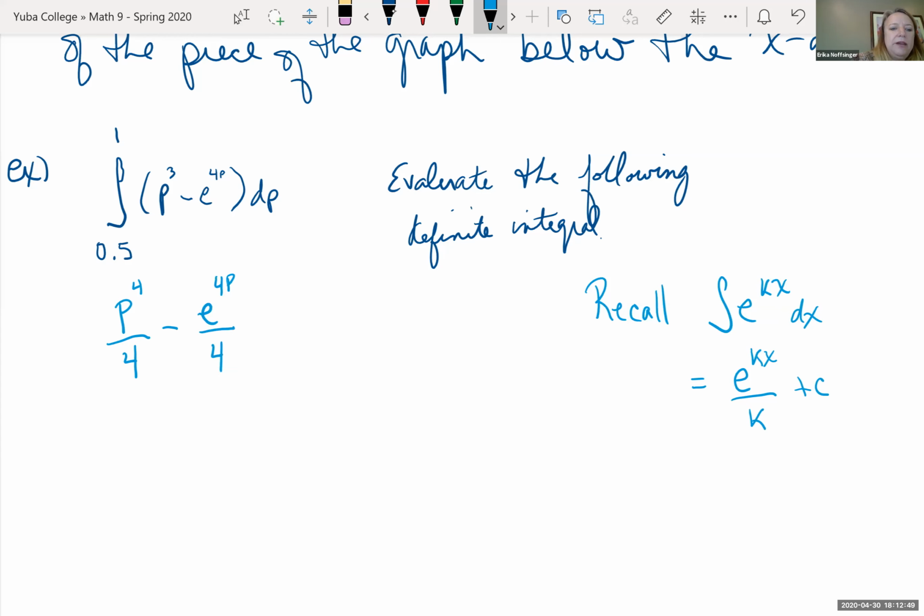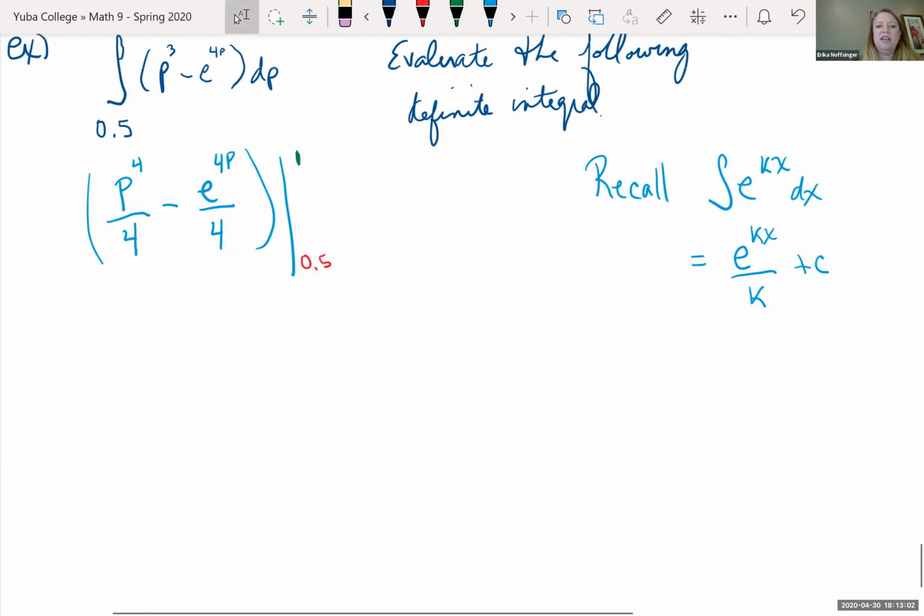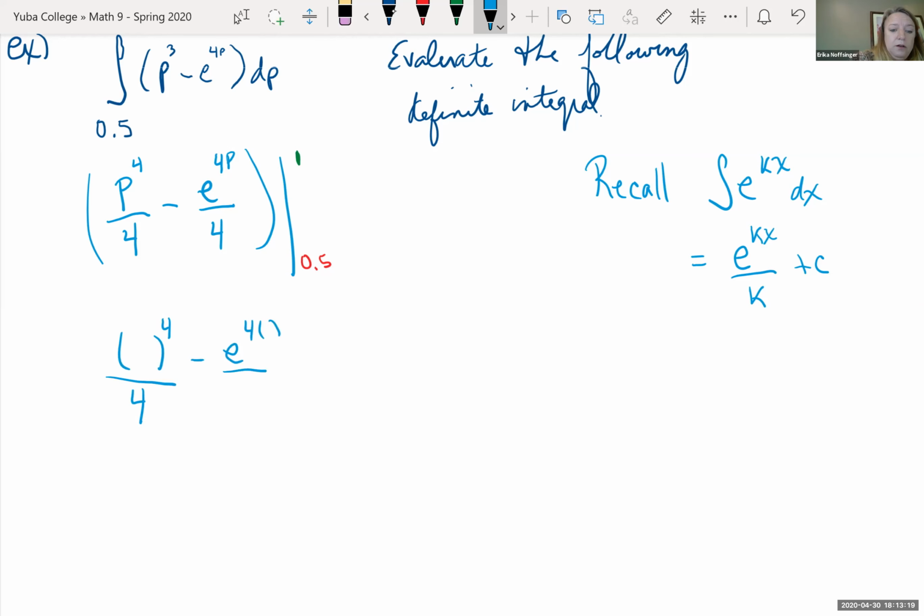And we're evaluating this from 0.5 to 1. So you're going to go in, and wherever you see a p, you're first going to plug in 1. So you have 1 to the 4th divided by 4 minus e to the 4 power times 1, all over 4.